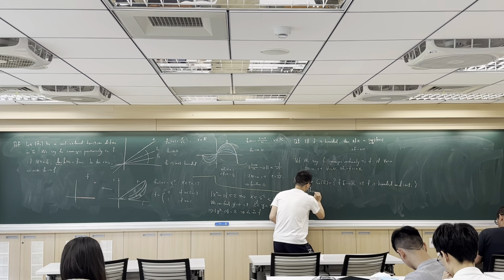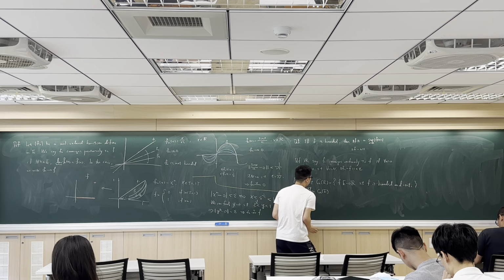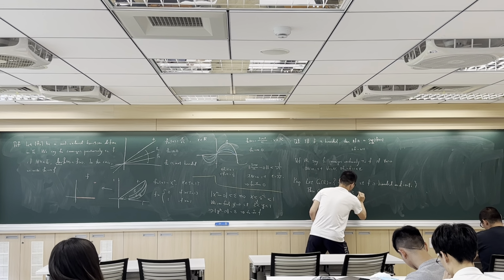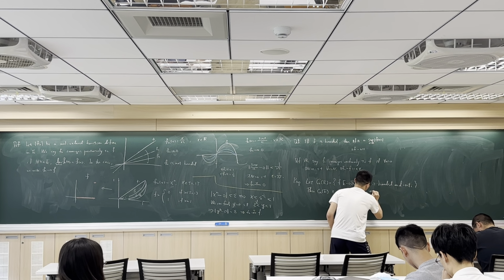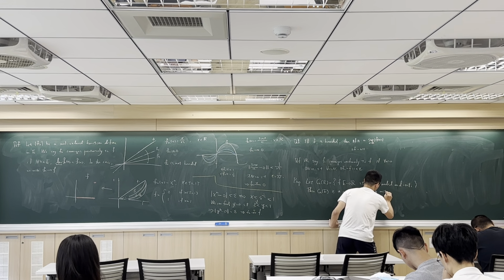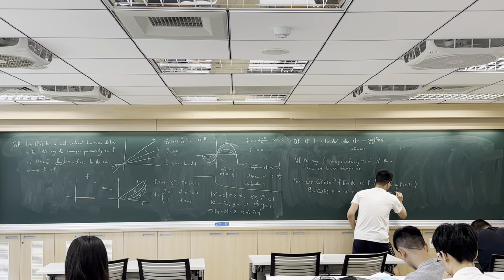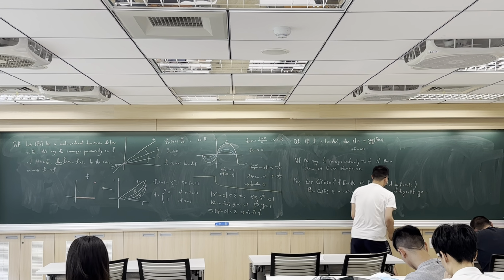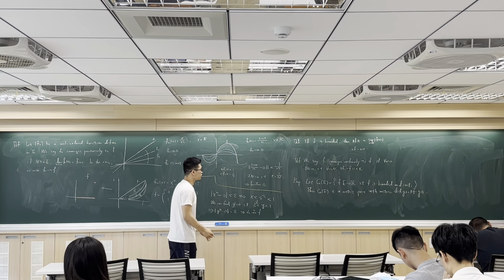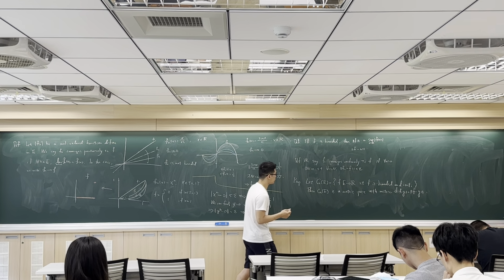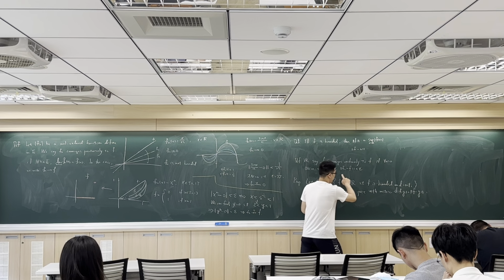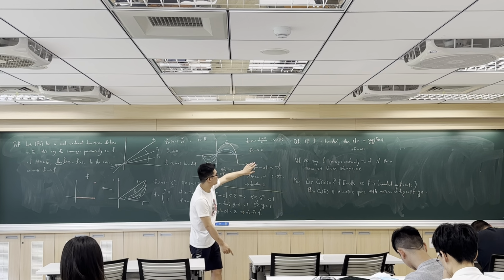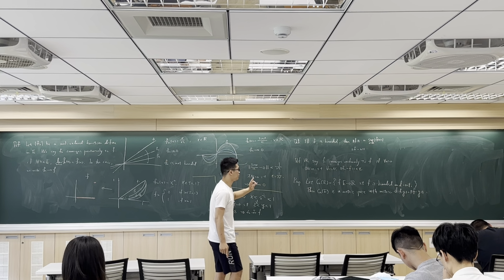Then CB(E) is a metric space with metric d(f,g) equals the norm of f minus g. So this is our metric space of functions, and we define the distance of functions as the maximum difference between them.